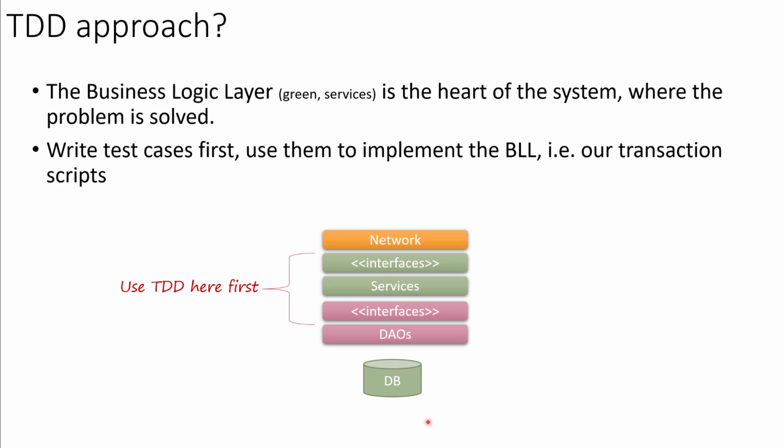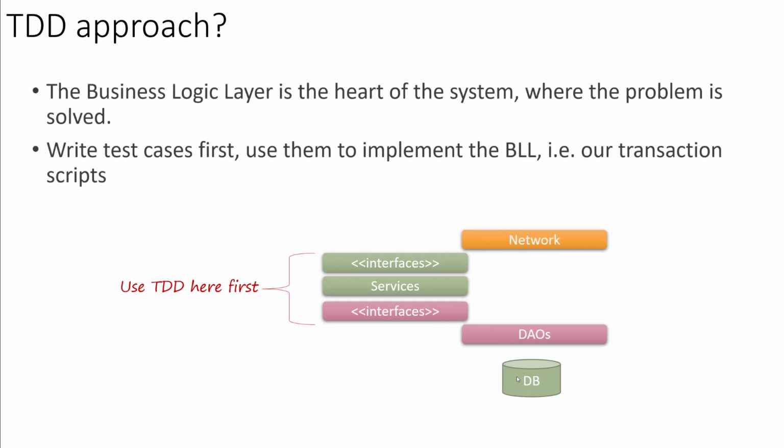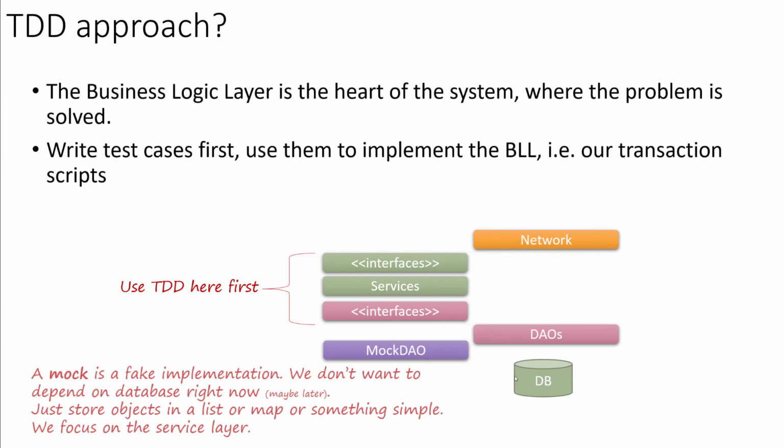But initially we are going to create a fake implementation of the interface. And we call that a mock, or a fake, or a stub, or a dummy. I'm not entirely sure of the differences, and that's not super important. The point is that we create a class that just stores tasks or whatever we're working with in a list or a map or something simple, so not the database.